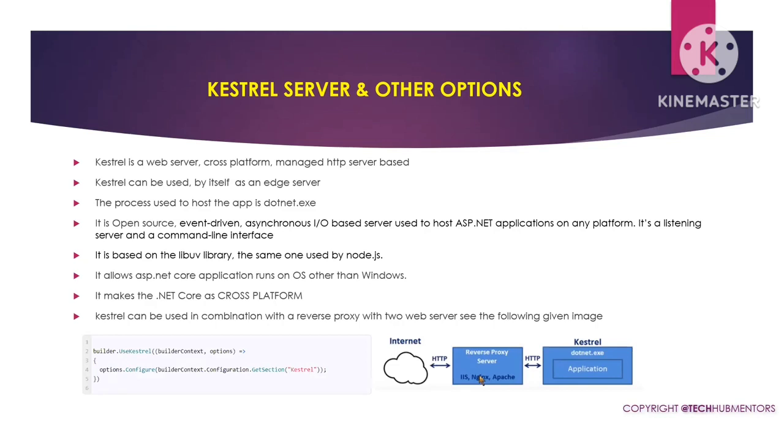So Kestrel is used in combination as a reverse proxy with two web servers. So this is basically about the Kestrel server. You can go through the document for more details.